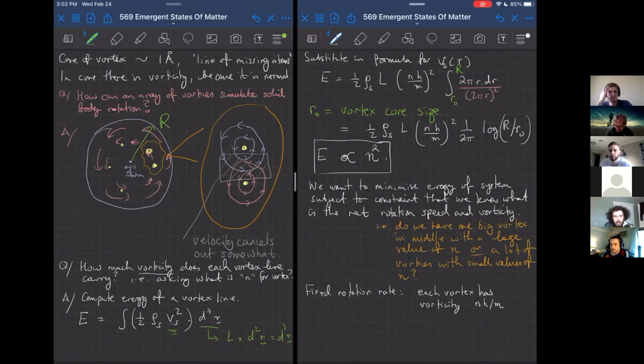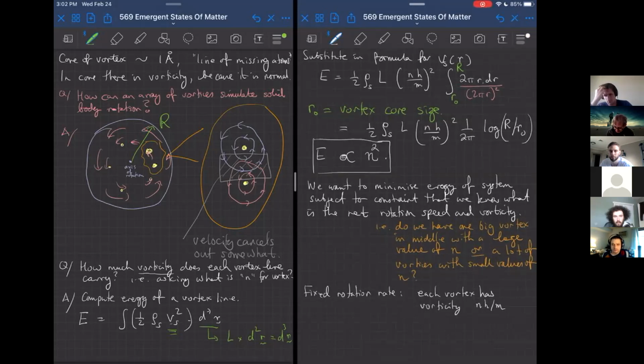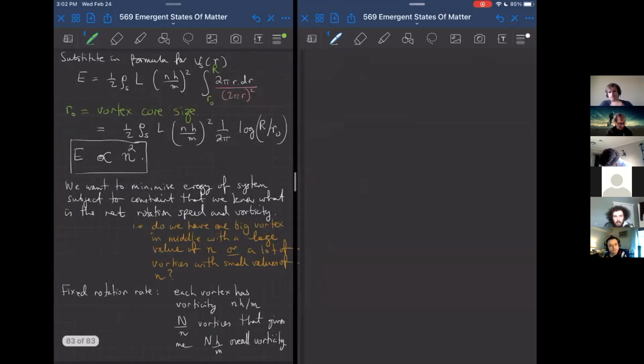How much vorticity do I have overall? Each vortex has vorticity of this, and if I have N over little n vortices, that gives me N h over m as the overall vorticity. So I take the overall vorticity and partition it amongst the vortices, and that's all I'm doing. Let's see what that means.